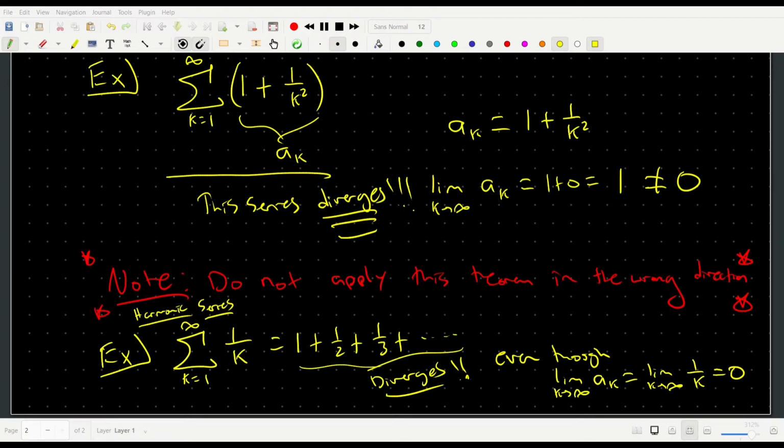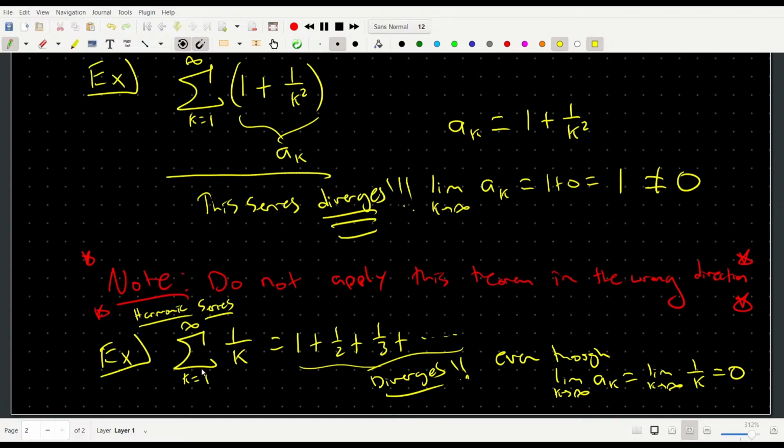We will actually go through and prove, using what's called the integral test, that the harmonic series does in fact diverge, in the next lecture video on the integral test. But for now, just trust me that the harmonic series does in fact diverge, and it's a great example of how you shouldn't try to apply this nth term test for divergence.